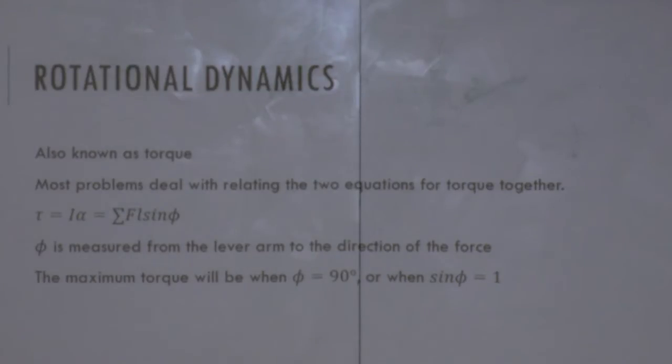So when something is already perpendicular to your lever arm, that is applying the maximum torque. It's like how if you push on a door towards the hinge, the door's not opening, right? But if you push on the door perpendicularly, away from the hinge, that gives you the maximum torque that you can have. Cool?